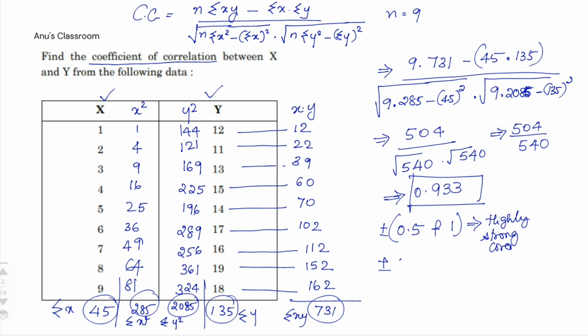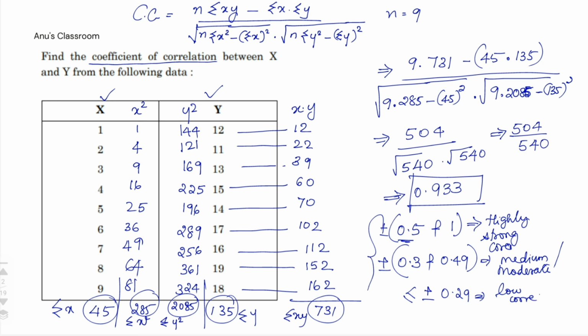If it is between 0.3 and 0.49, because from 0.5 it is high or strong correlation, it is medium or moderate correlation. And if it is anything less than 0.29, then it is very low correlation. So according to this rule, these two variables x and y are strongly correlated, or a very high correlation exists. This is how such a question has to be answered.